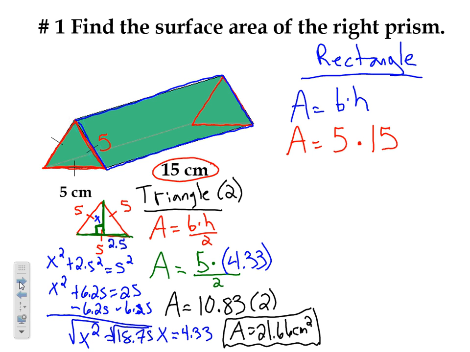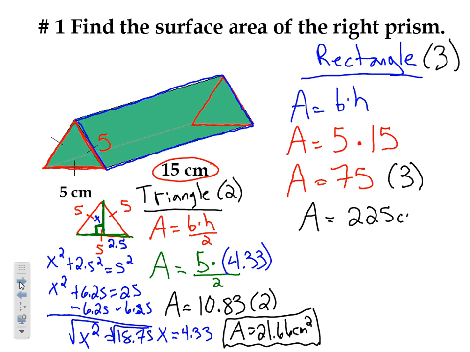Type this in my calculator and I get area equals 75. But remember, we don't just have one, we have 3 rectangles. So we have to find the area of 1 and multiply it by 3. So my area of 3 is 225 centimeters squared.